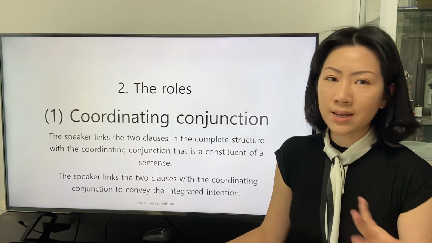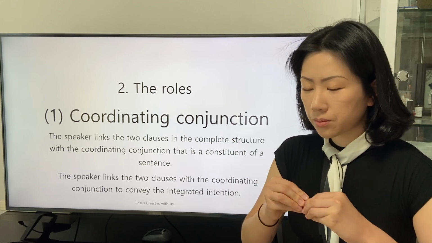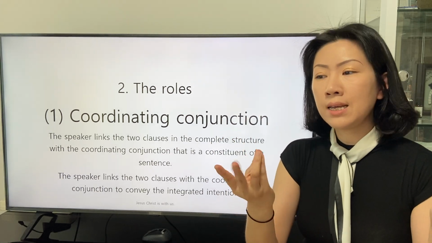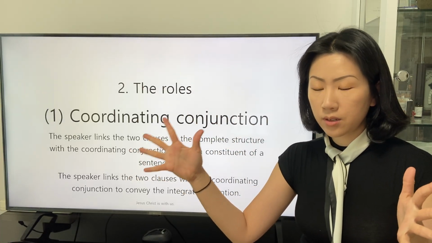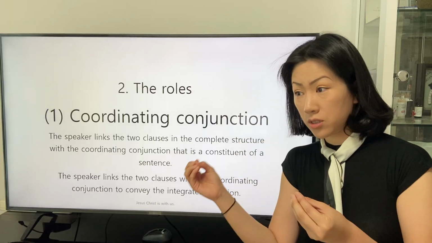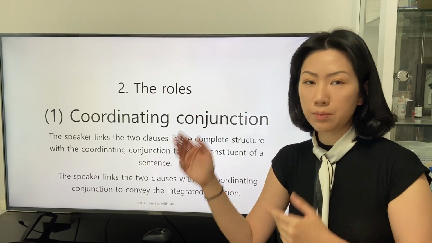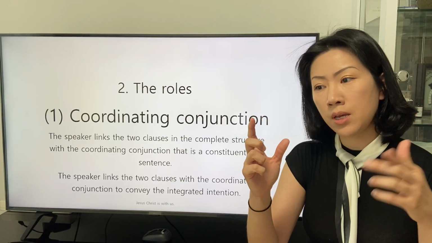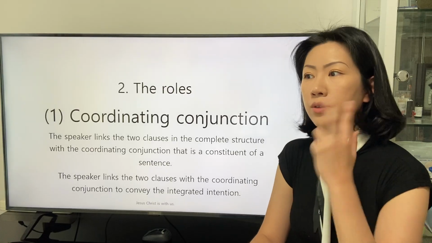So we can say that the conjunction is a constituent of a sentence, not a constituent of a clause, because a sentence can be constituted by a clause or more than two clauses.